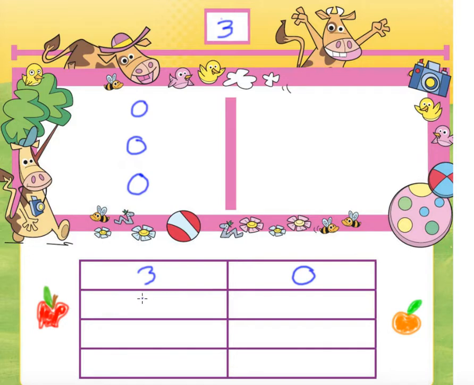But what if I really want an orange with my apples? Well, I can have 2 apples. And how many oranges would I be allowed to eat? Just 1, because 2 plus 1 equals 3, which is our whole number up here.